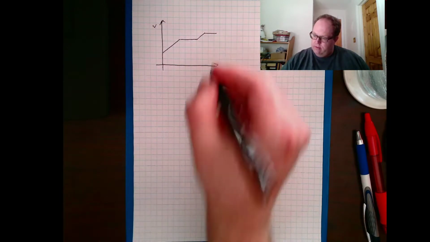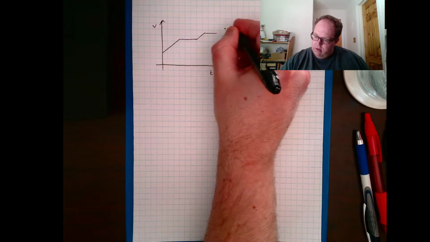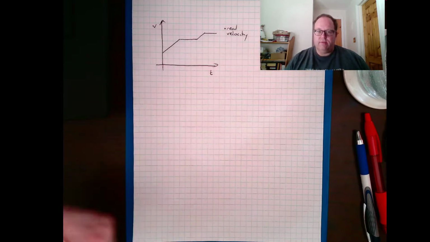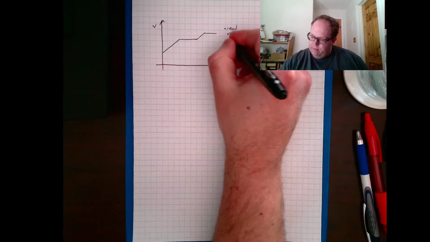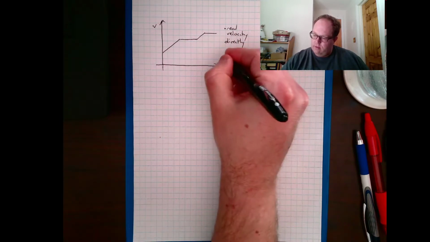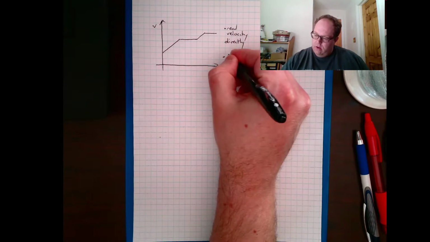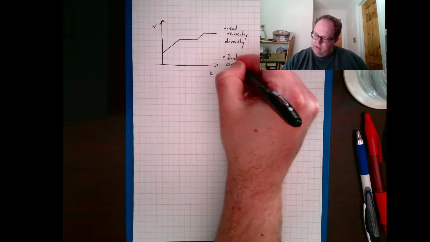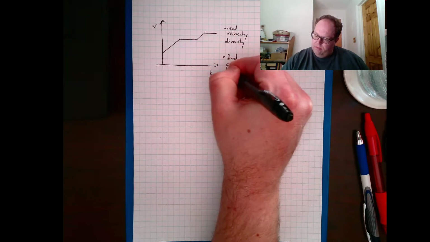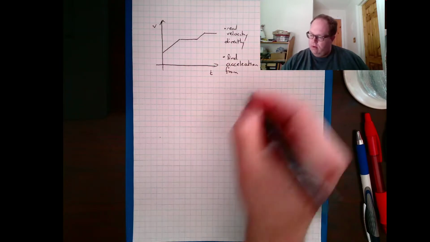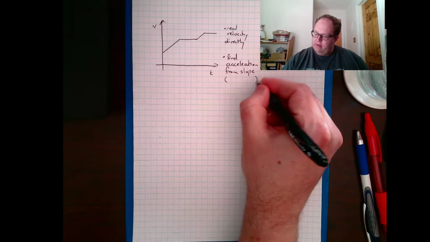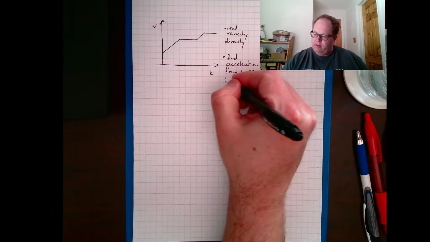We could read velocity directly off the graph. We could find acceleration from the slope. And this, by the way, is the sort of thinking that led us into talking about derivatives.